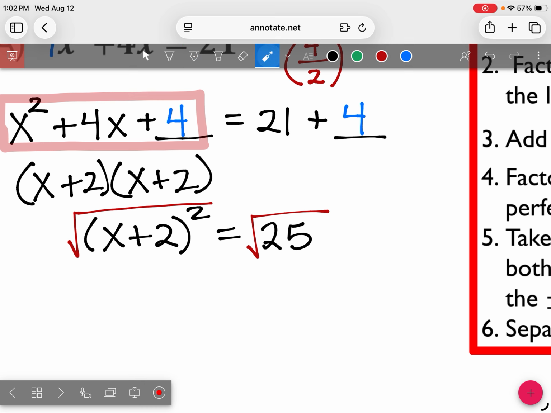Now, when you square something or take the square root of something that's squared, these are opposites. They undo each other, just like adding and subtracting and multiplying and dividing. Square and square root, they undo each other. So all I will have on the right is just a plain old x plus 2.